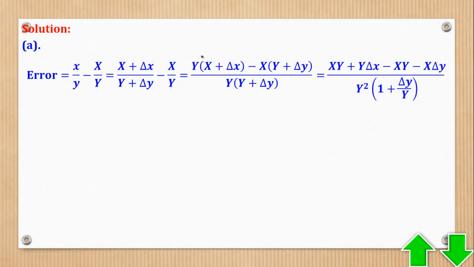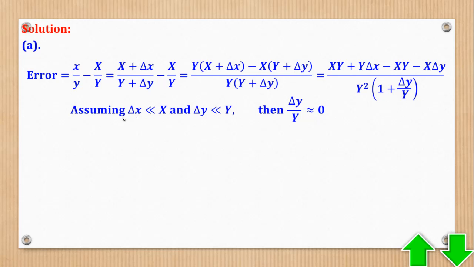Then we get LCM. At this step we got LCM, and here we open this bracket to get this. Now here, to bring in the assumption, we had to pull out one y, so that this remains with 1 plus delta y over y, so that this one can become negligibly small. Then how do we remove it?